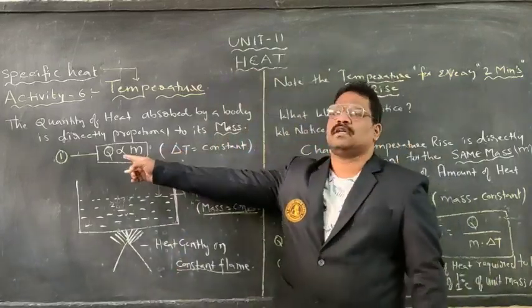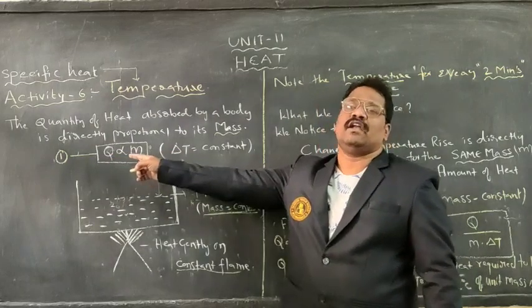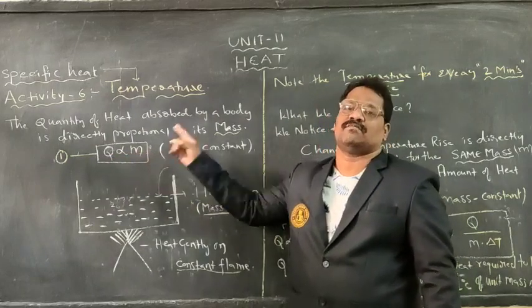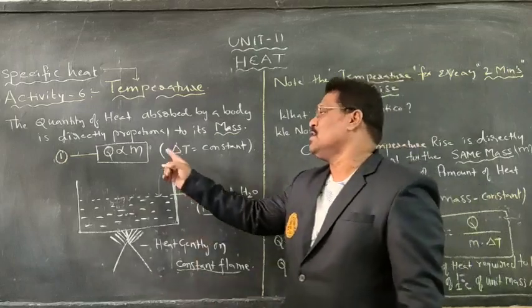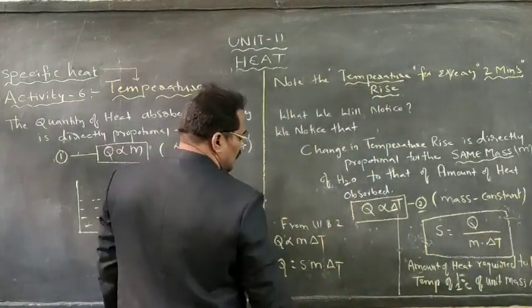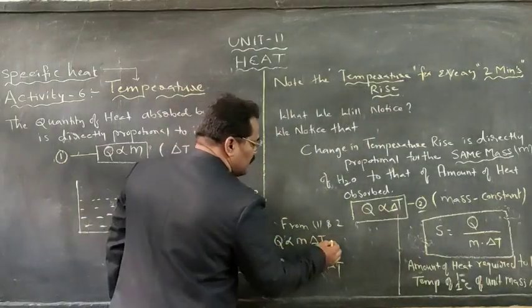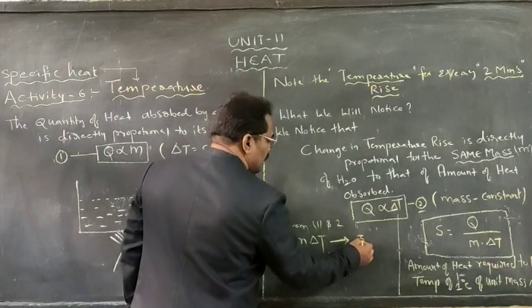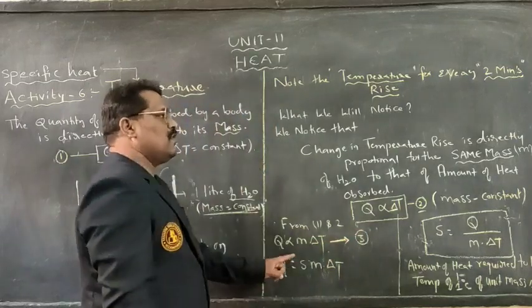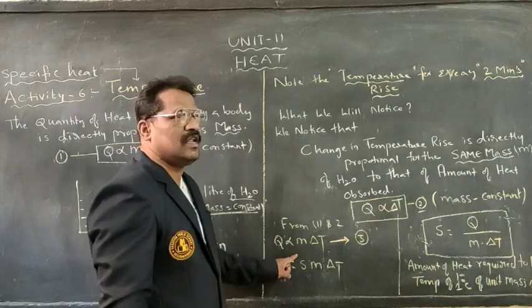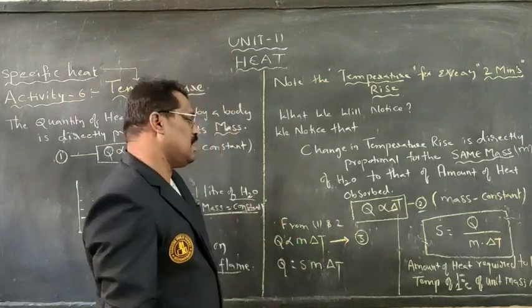Already we had the first relation: quantity of heat absorbed by a body is directly proportional to its mass at constant temperature. From 1 and 2, we frame a relationship: quantity of heat absorbed by a body is directly proportional to the product of the mass taken and the change in temperature.